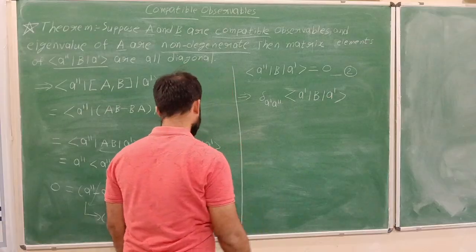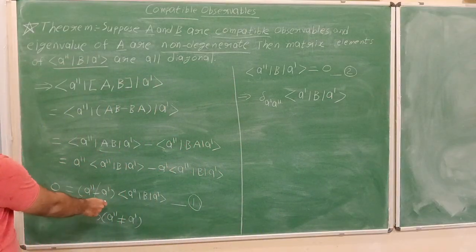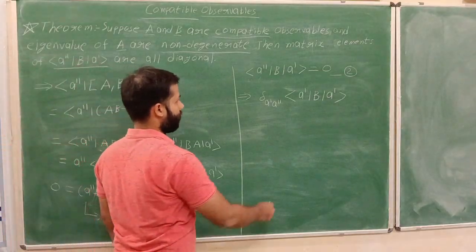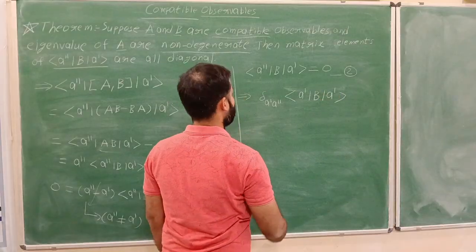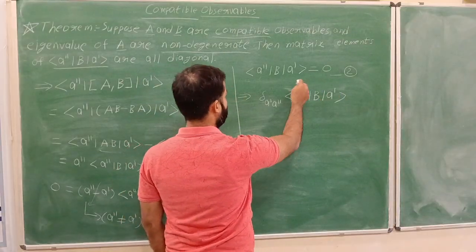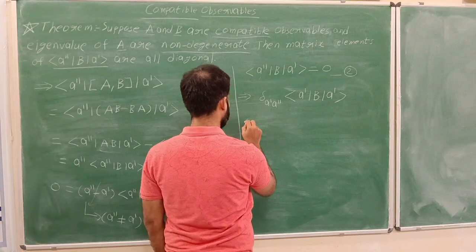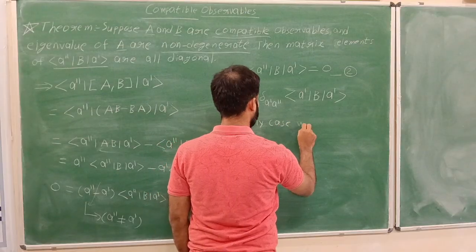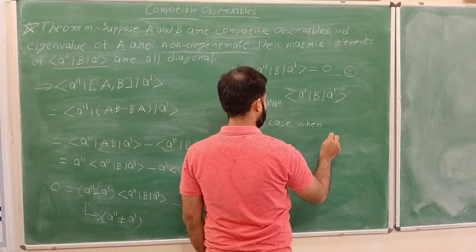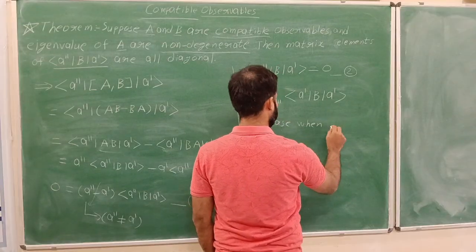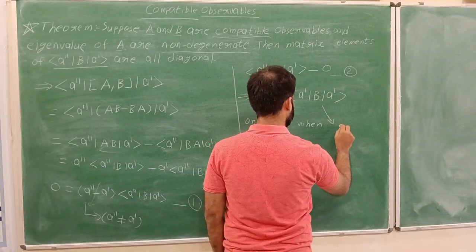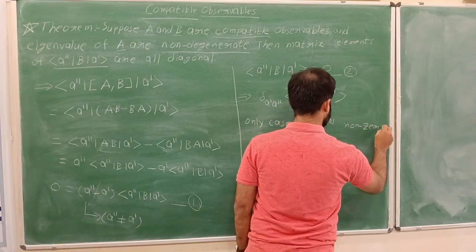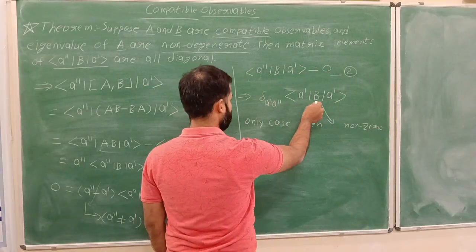If not, which is our case, if A prime is not the same as A double prime, which is the case of non-degenerate, this will be 0, which we are getting here. So the only case when equation 2 is not 0 is the diagonal.